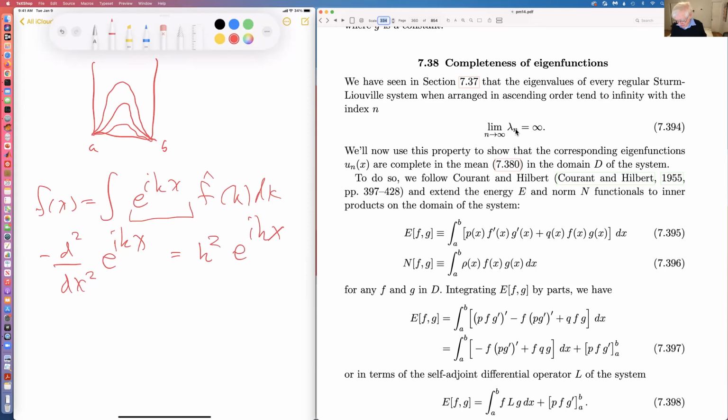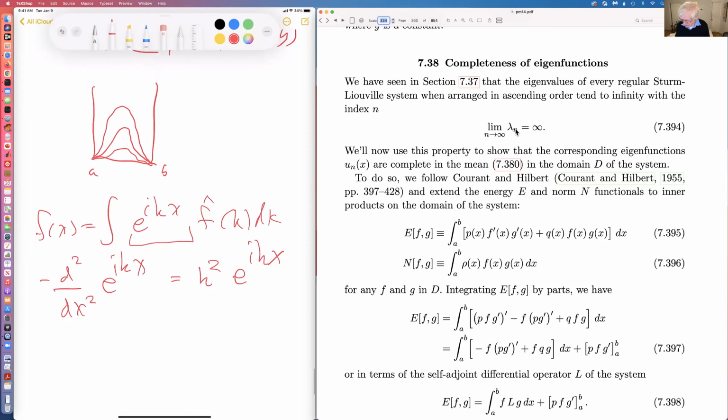So they're eigenfunctions with this eigenvalue, and these eigenfunctions then, as you know from the chapter on Fourier transforms, can express basically any square integrable function in this way.